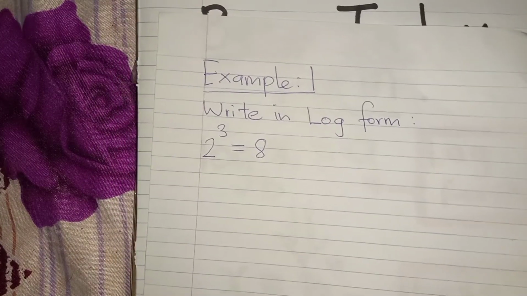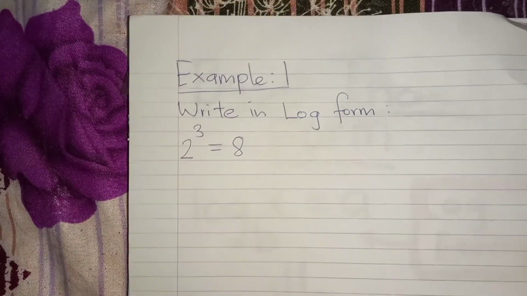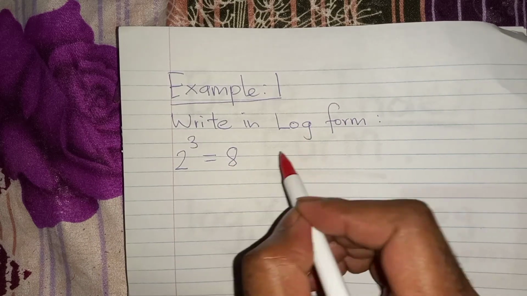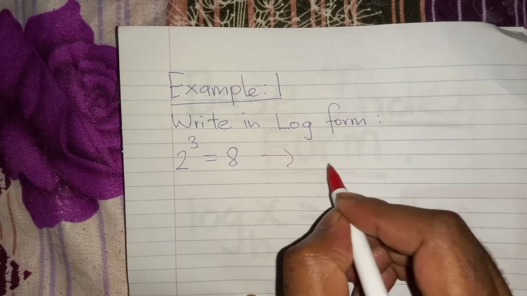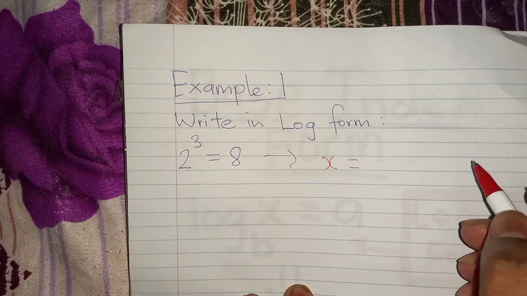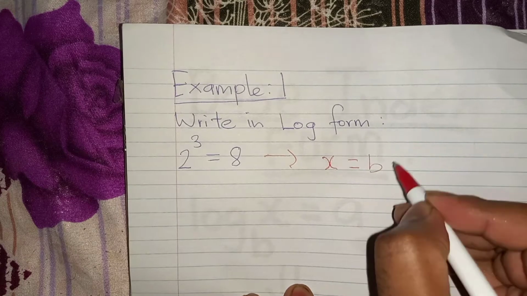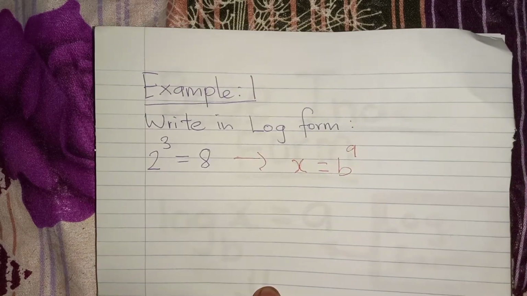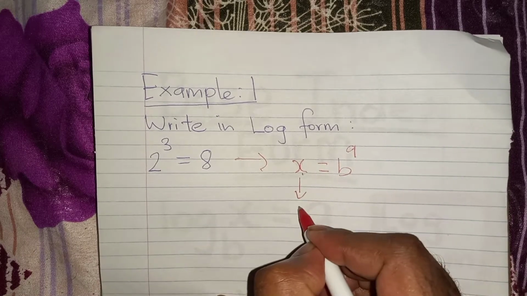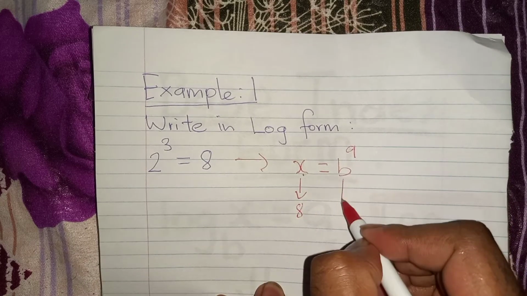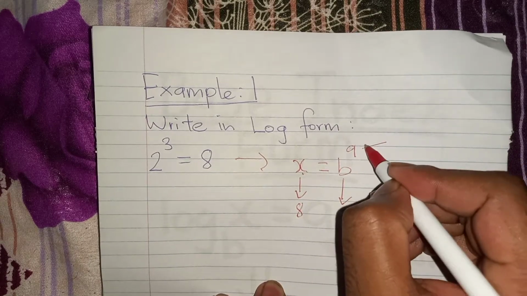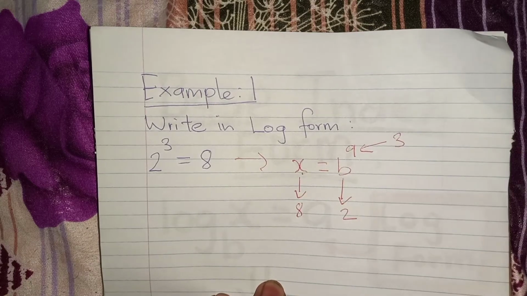Okay, so first of all we will write this in the general form. In base index form, the general form will look like x is equal to b power a, right? So our x here is 8, our b here is 2, and a is 3.